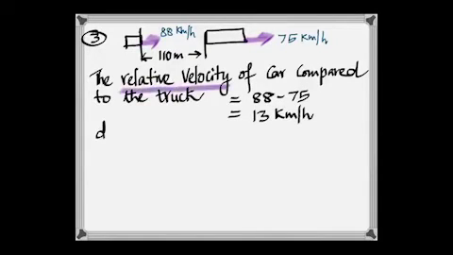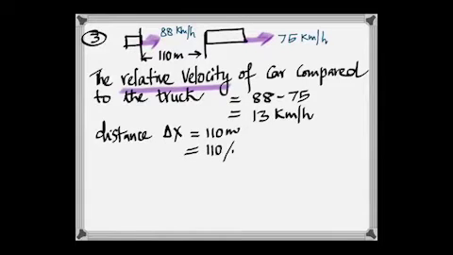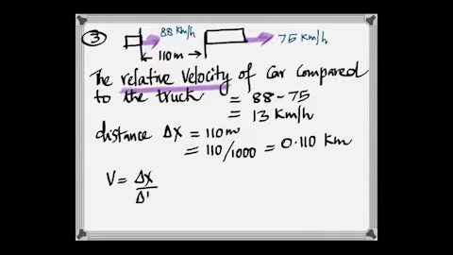And then you know the distance between them is 110 meters. So change it into kilometers. How do you change? Divide by 1,000. So you got it as 0.110 kilometers. And then velocity is displacement over time, so that's the time it takes to catch up.